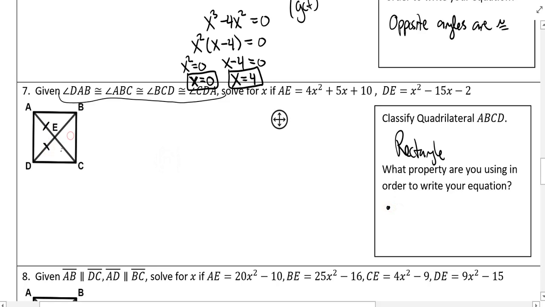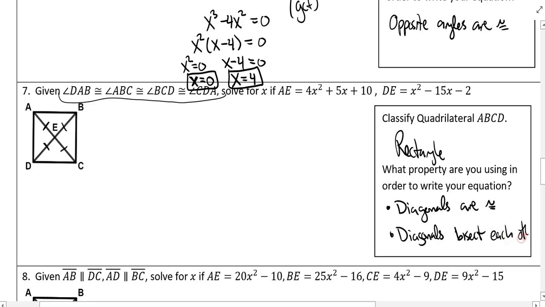First of all, we know all 4 of them are congruent to each other, and that came out of the diagonals of a rectangle are congruent, and the diagonals of a parallelogram, and a rectangle is a parallelogram, bisect each other. So put those two together and we conclude that AE, that length, is equal to DE.